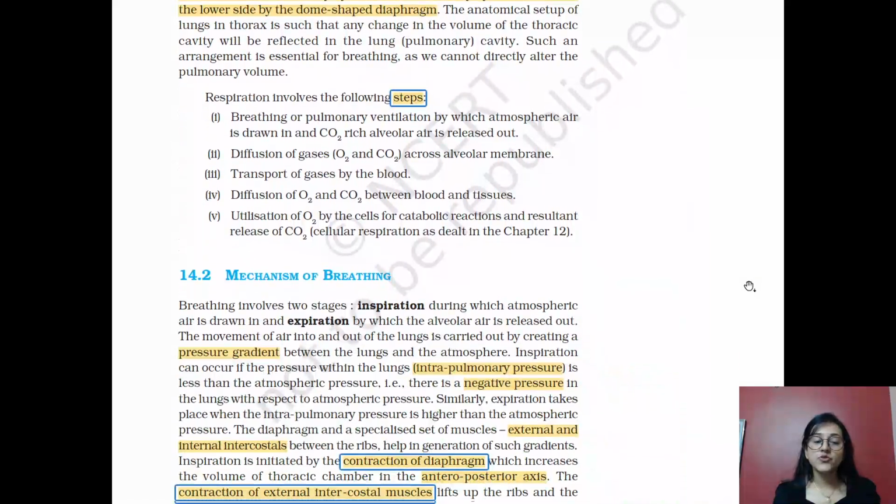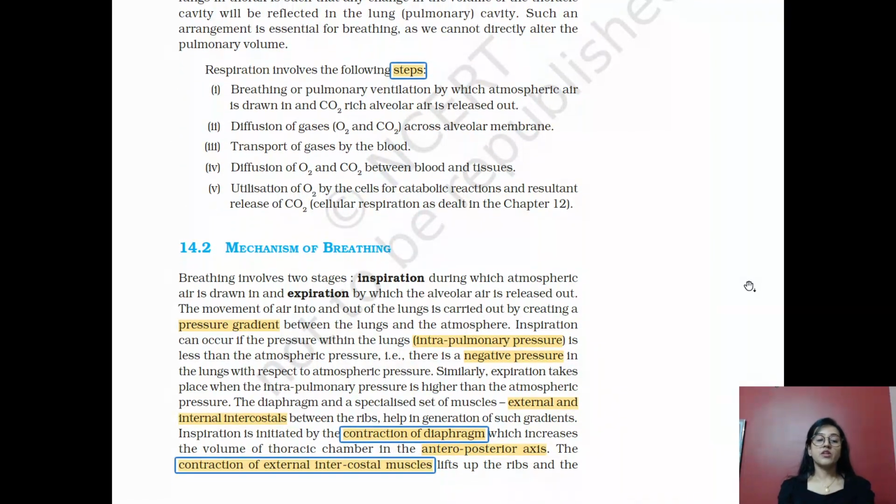Let's move to the mechanism of breathing. Breathing involves two stages: inspiration, during which atmospheric air is drawn in, and expiration, by which the alveolar air is released out. The movement of air into and out of the lungs is carried out by creating a pressure gradient between the lungs and the atmosphere. We all know the diffusion occurs from the high concentration to the low concentration.